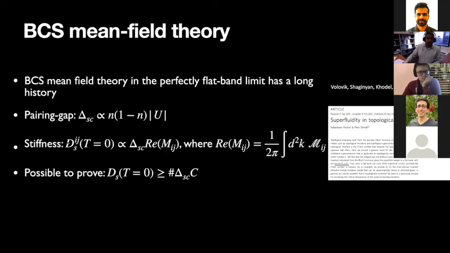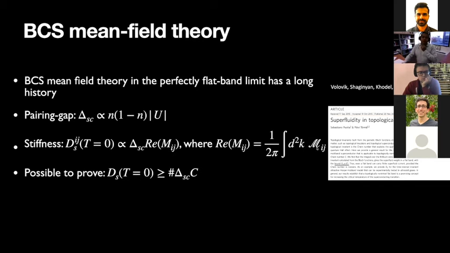And so what they find is that at zero temperature, the phase stiffness, now remember that in 2 dimensions this needs to have dimensions of energy, is given by precisely this superconducting gap times an object related to a quantum geometric tensor. Okay, so this curly M is known as the Fubini-Study metric.